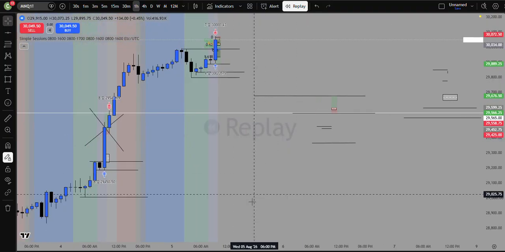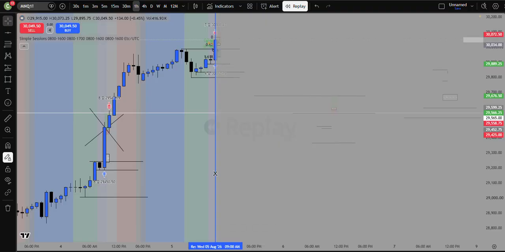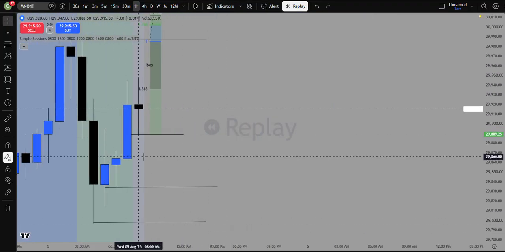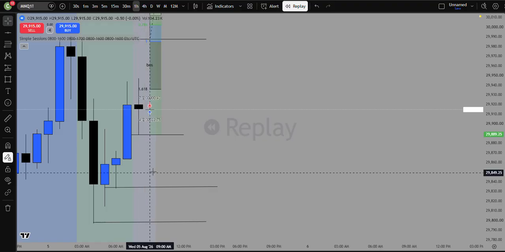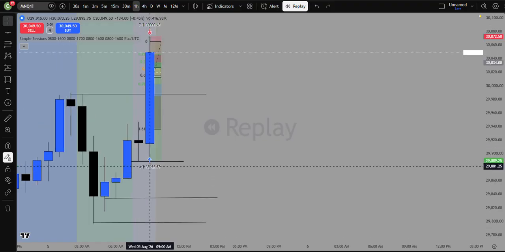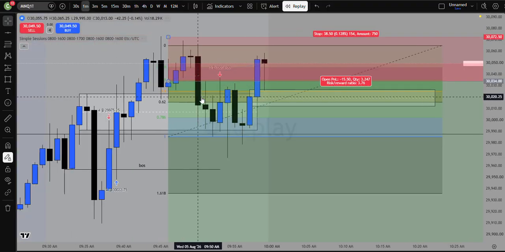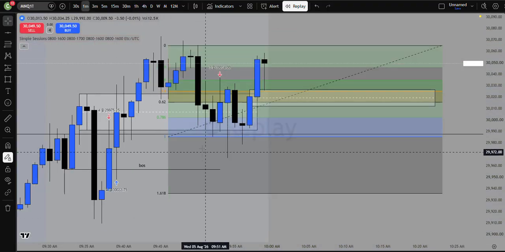All right. This trade over here had me confused because first and foremost, I woke up late on that day, and I just drew a Fibonacci on this trade over here, right?